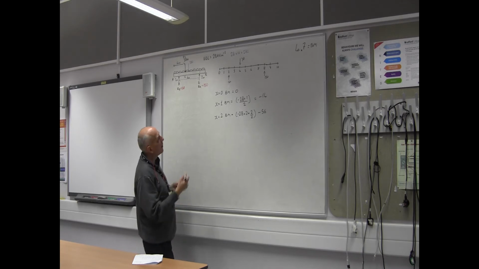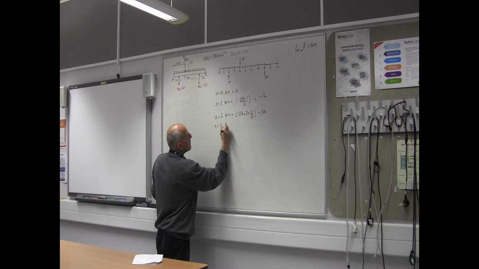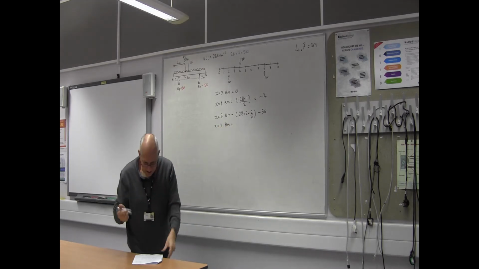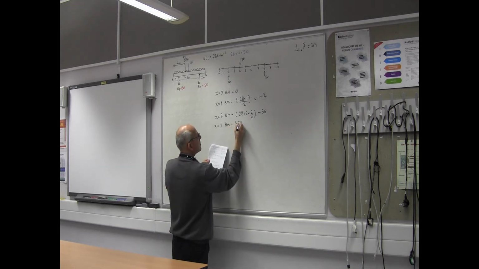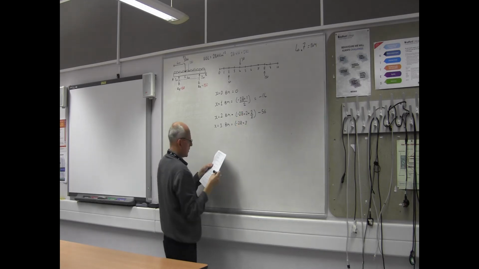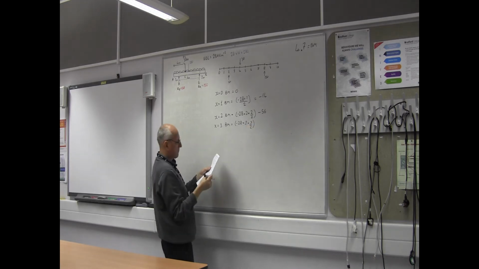Right, so x equals 3. It's the same kind of stuff as before. Let me just work my way along. X equals 3, I'm going to have minus 28 times 3 halves, because you're dividing it by 2 to get that average.